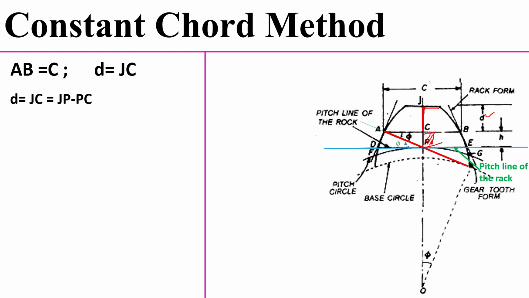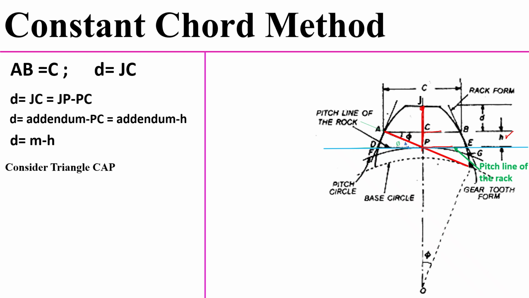From the schematic, JP, pitch point to top of the gear tooth, we call the addendum, and let's consider the PC value as small h. Then small d becomes JP minus PC, which is equal to the addendum minus PC, which is equal to the addendum minus small h. So d will become m minus h.